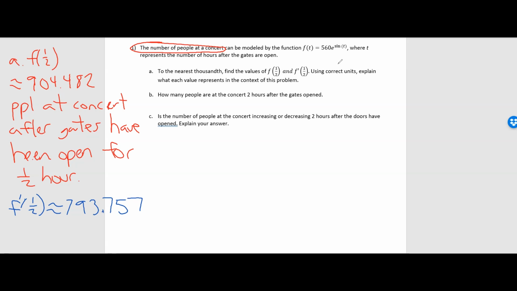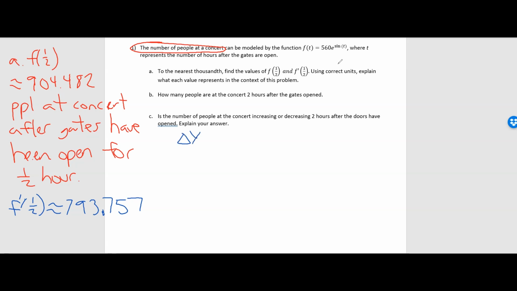So this is not going to be a number of people, because we're at f prime, we're not at just f. If you're confused about finding units for the derivative, one thing that I like to do is think about what the derivative is. It's the slope of the tangent line. Well, if we think back to what slope means, it's really just the change in y over change in x.